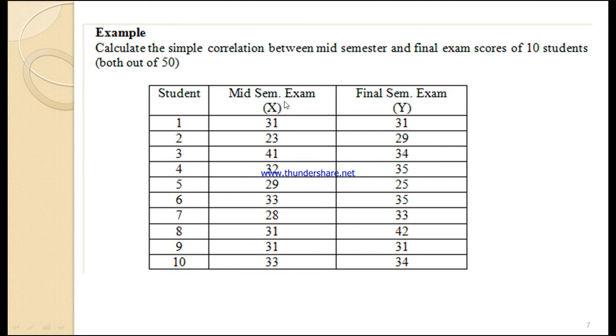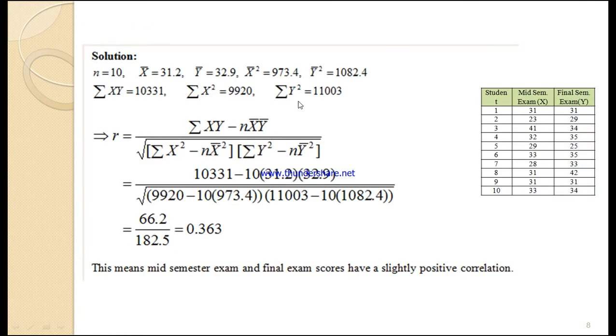Let us denote the midterm exam or mid-semester exam by x and the final semester exam by y. Therefore, in this case, n or sample size is 10. We are looking at midterm and final exam results of 10 students, hence n is 10.